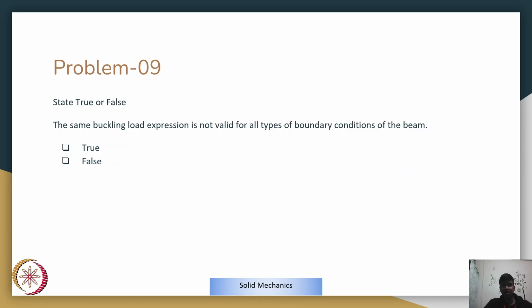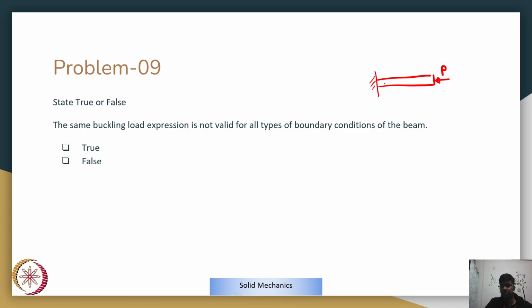Problem number 9. This is a simple true or false statement. The same buckling load expression is not valid for all types of boundary conditions of the beam. Suppose you have a beam like this and you are applying a load like this.